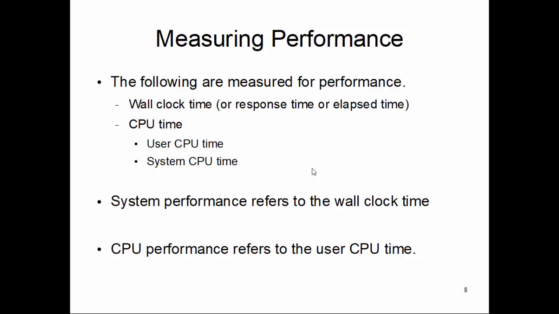So that's why when we talk about our CPU performance, we mean the user CPU time, like how much time our code, the user's program code, spent in the CPU. Okay, so that's the definition of CPU performance.